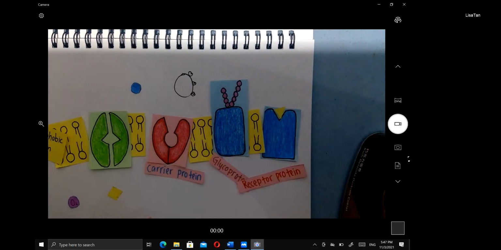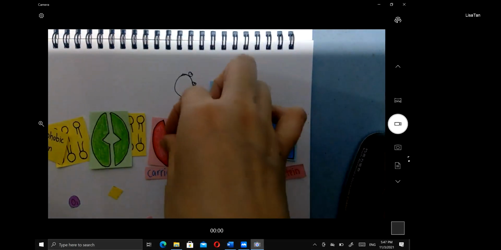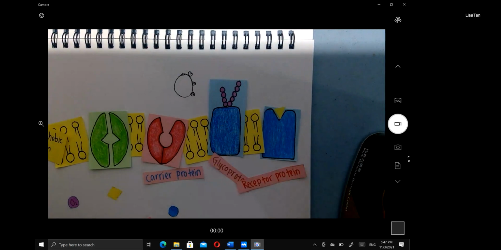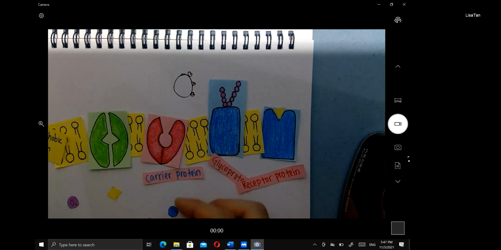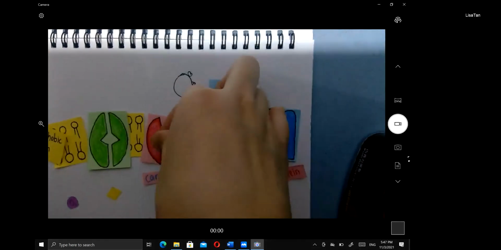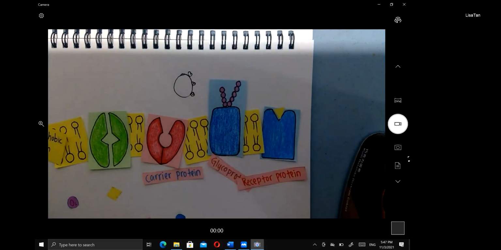After it binds here, the glucose will bind to the specific carrier protein, and then the glucose will get inside the cell. The cell will use the glucose, oxidizing it to release energy. So this glucose from the blood will diffuse through the carrier protein and get inside the cell for the cell to use.